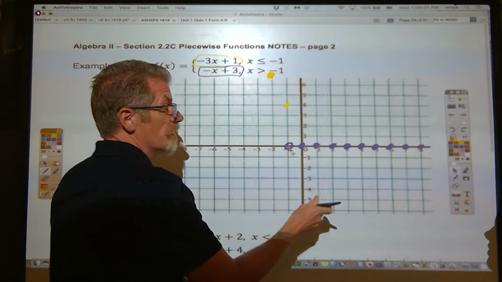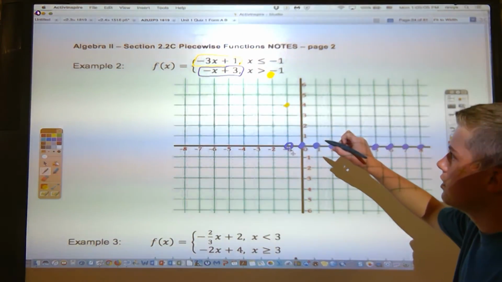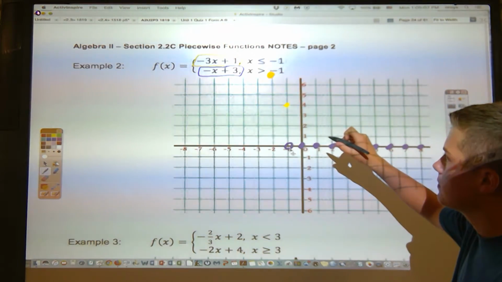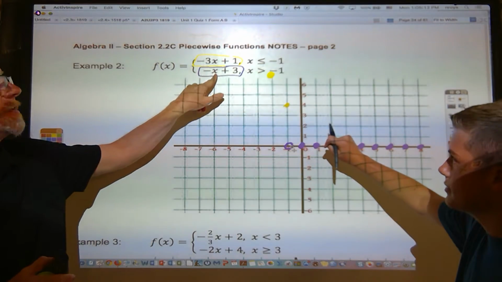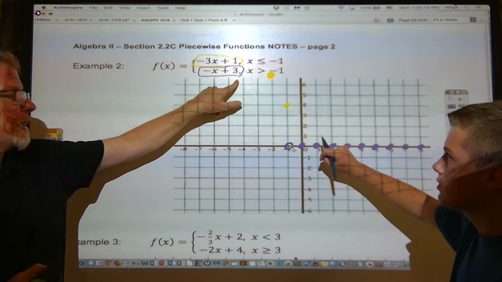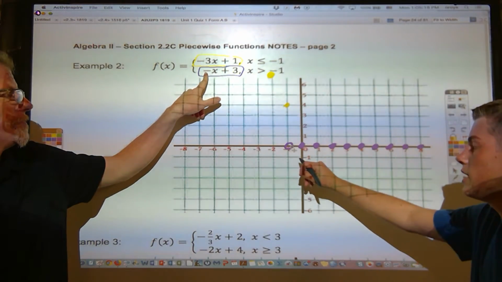Okay. So when the input is -1, according to the purple rule, what's the output? Well, let's see. The rule is take the opposite of the input and then add 3. To take the opposite of a number, you multiply it by -1.